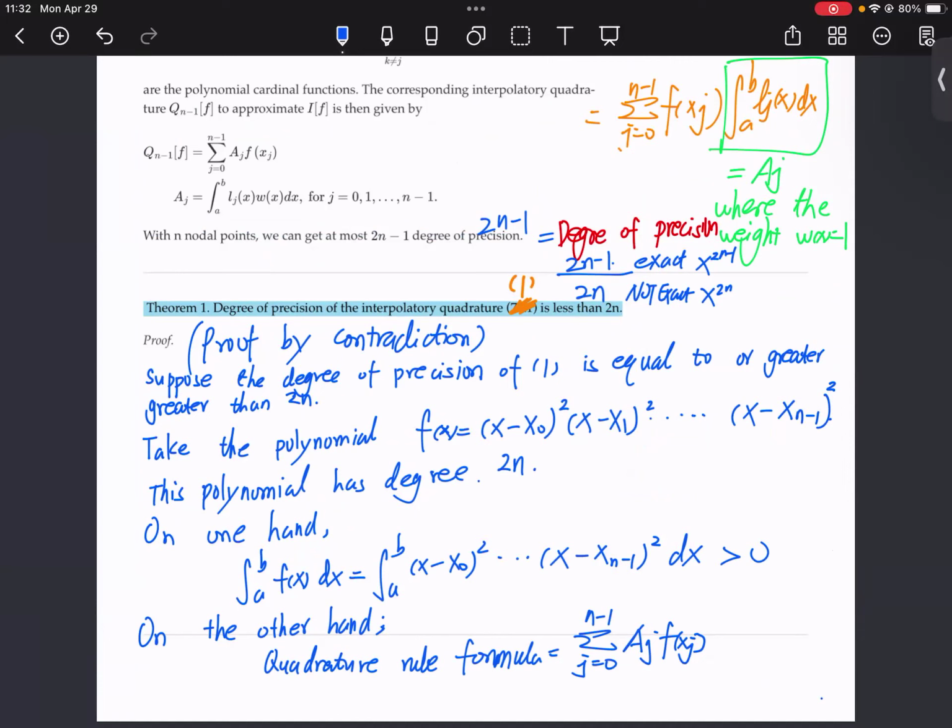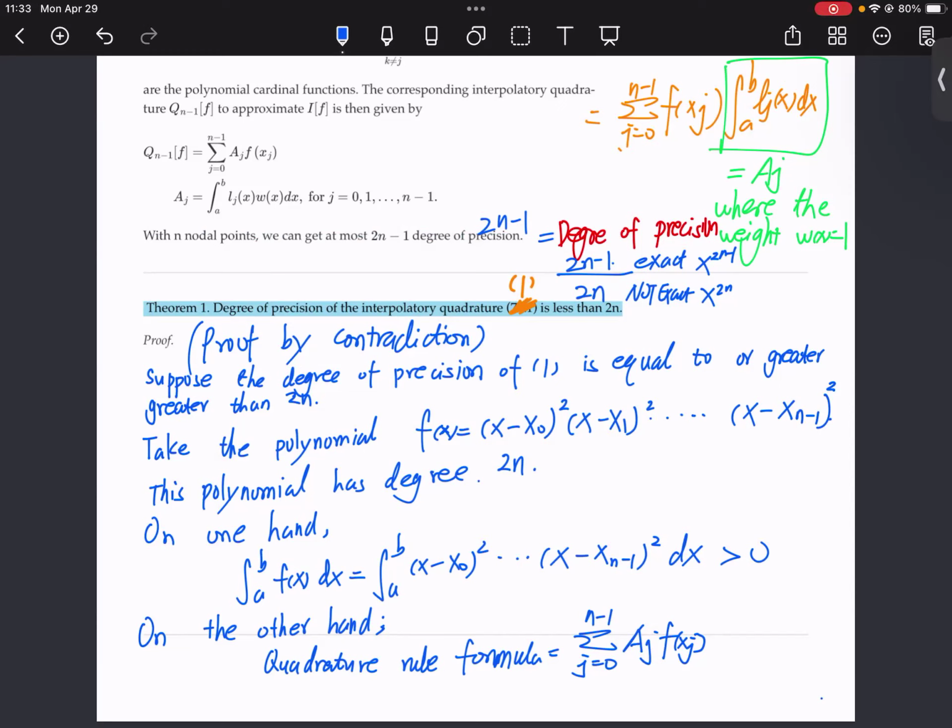The a_j is just a coefficient, the integration of that polynomial, but it doesn't matter. Let's take a look at f(x_j), which is the important thing here. If we plug in x_j, any index j from 0 to n minus 1, say x_1, we get 0, and if we plug in x_0, this is still 0.